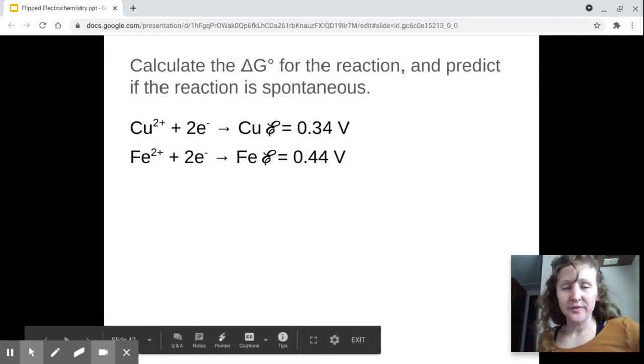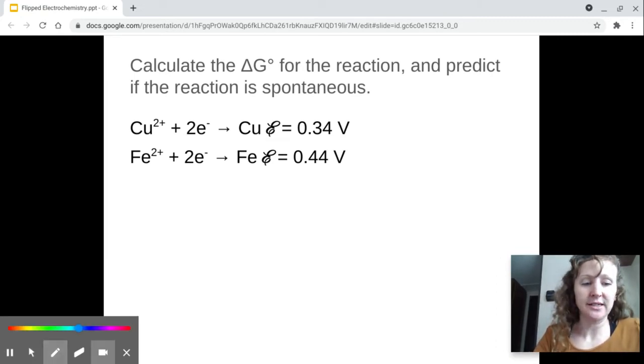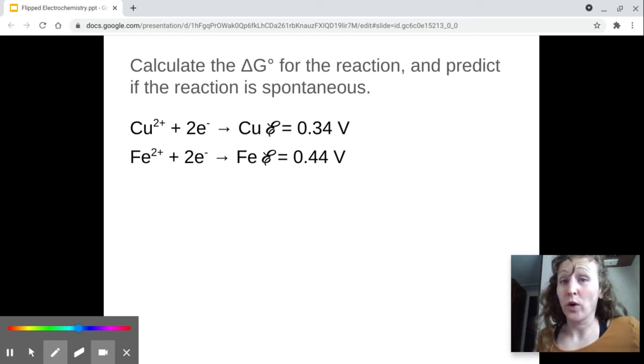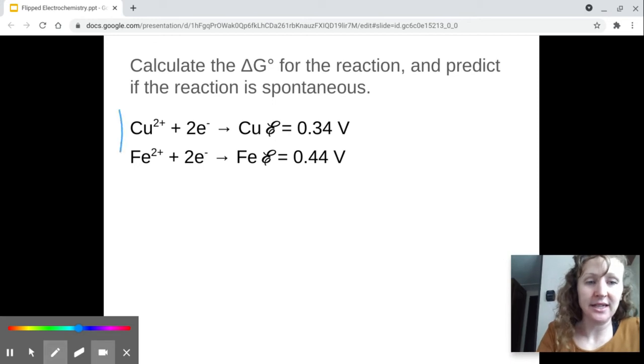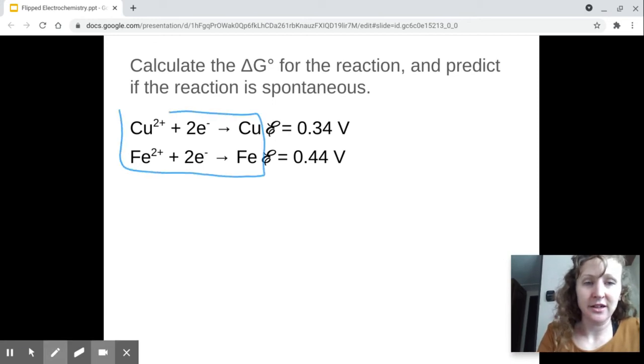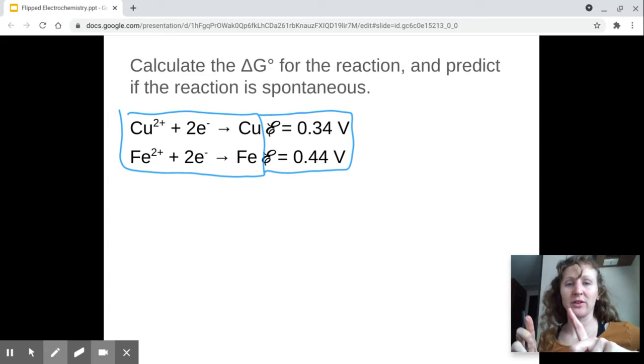Okay, so we're going to do these together, but notice that everything you need in order to solve for delta G, for work, determine if it's spontaneous, is all contained in these half reactions and associated cell potentials that we found on the standard reduction potential chart.